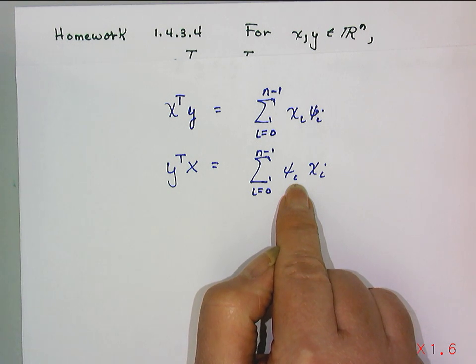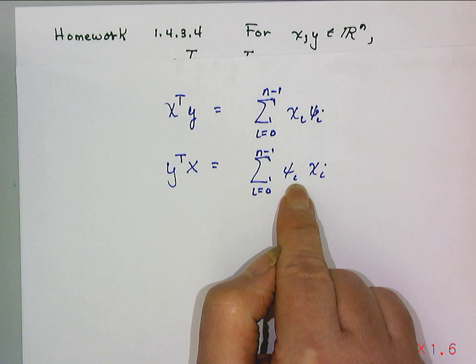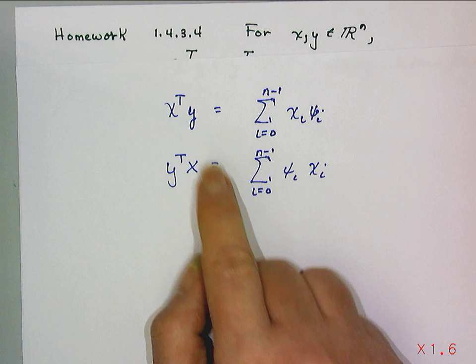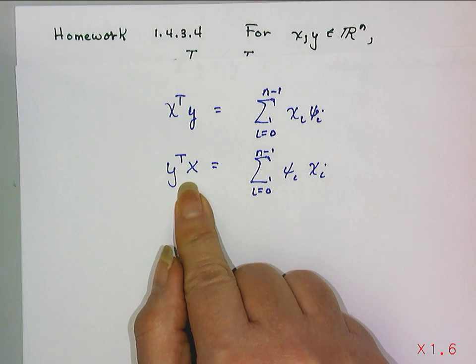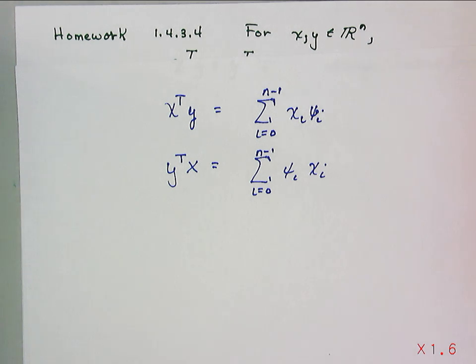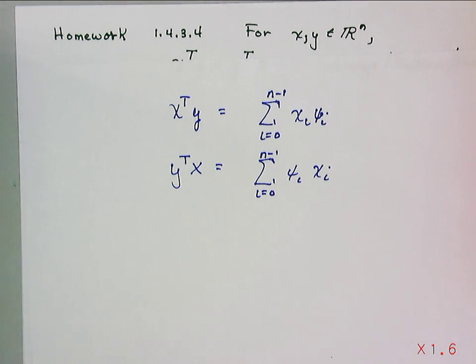All of the proofs that I've been doing in this section have been trying to determine whether we can extend some of the properties that hold for real numbers to vectors. Well, we've just now determined that dot product is most likely commutative, but we need to formally prove it. So let's do that.